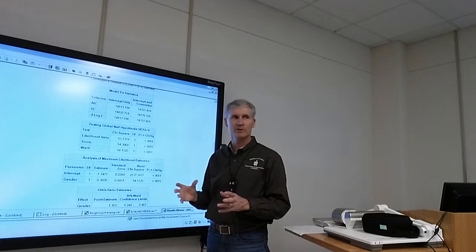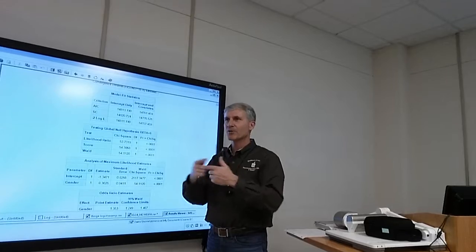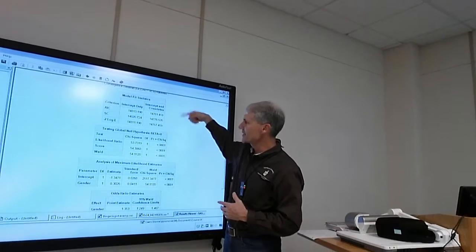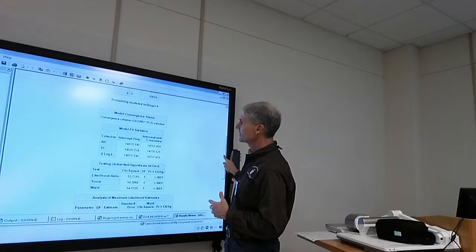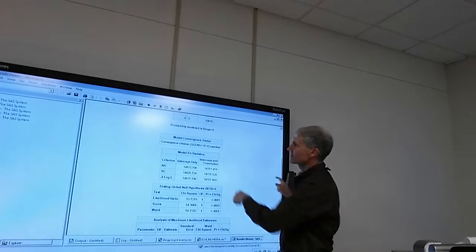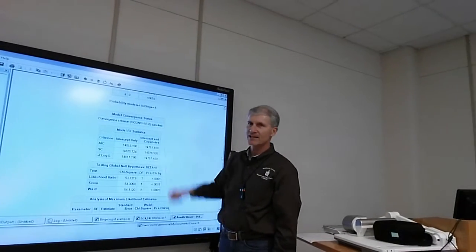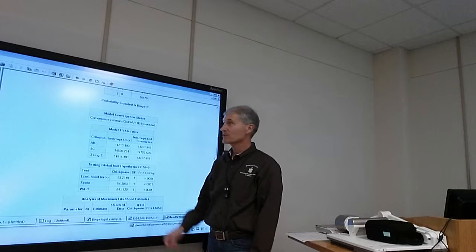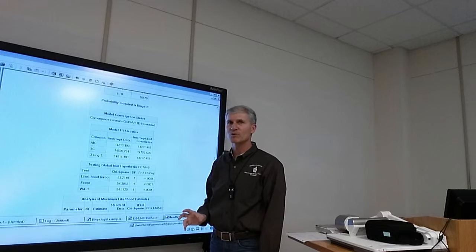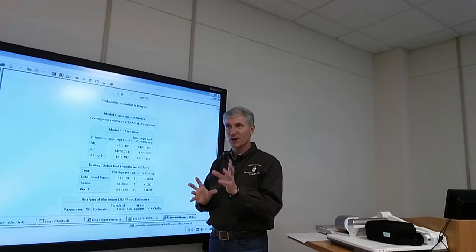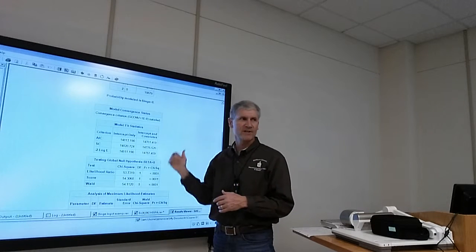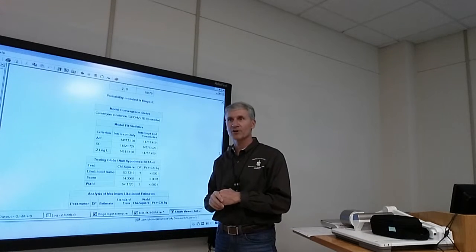There is no closed form solution, so you do this numerical algorithm that converges to the right answer. So it'll tell you the iteration history. It'll say model convergence status. The convergence criteria of 1 times 10 to the negative 8 has been reached. So you always want to check that. Almost always it'll converge fine, but once in a while if you get some odd variables in there, it might keep the model from converging, but it'll give you warnings if that happens. It'll say, warning, model didn't converge, you may not want to use it.